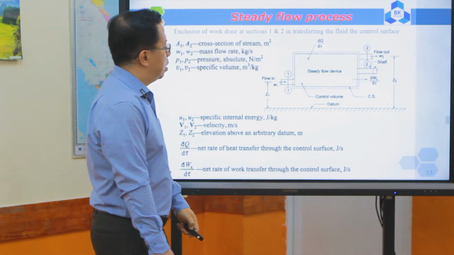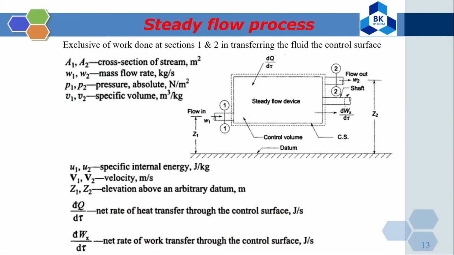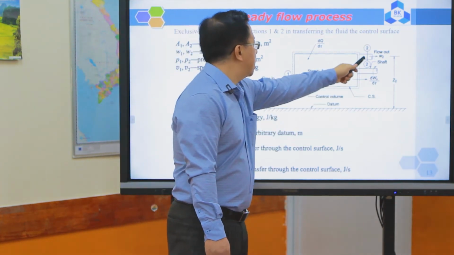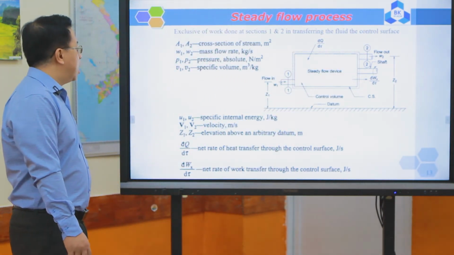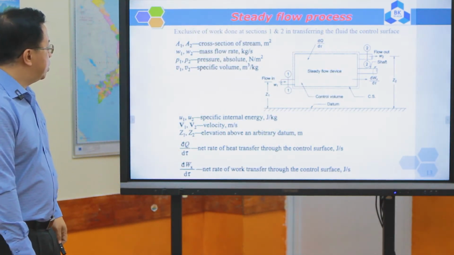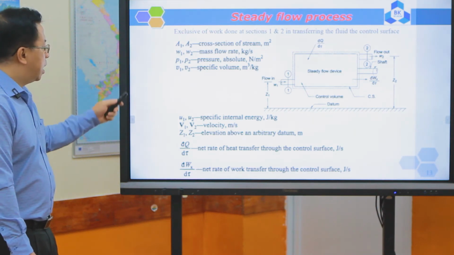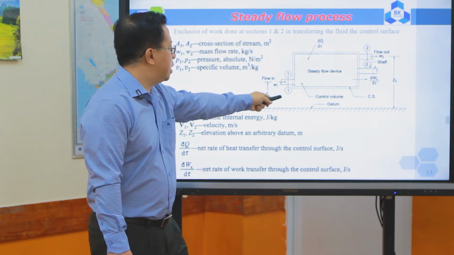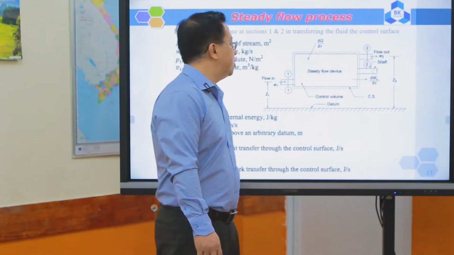Here we have the shaft work. A1 and A2 are the cross sections of the stream. We have A1 here, and A2 here. W1 and W2 are the mass flows. W1 is the mass flow in, and W2 is the mass flow out.